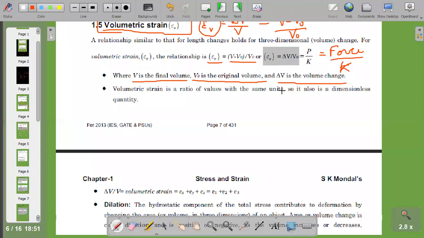And this is also dimensionless. All types of strains are dimensionless. Dimensionless quantity means there is no dimension.